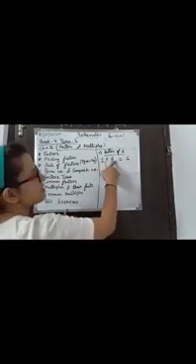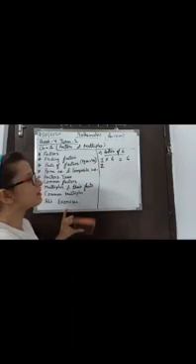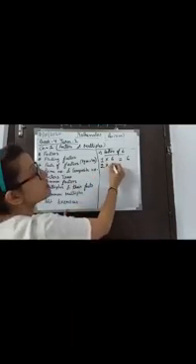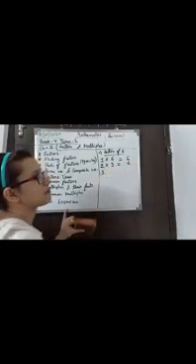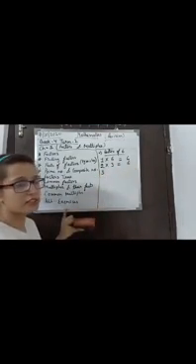1 times 6 is 6. Now we write 2. By which number do we multiply 2 to get 6 as a product? 2 times 3 is 6. Now we write 3. Is it possible to multiply any number by 3 to get 6 as a product?